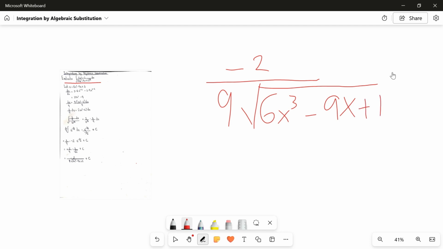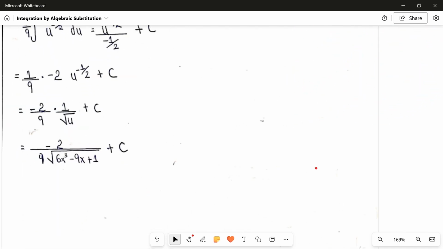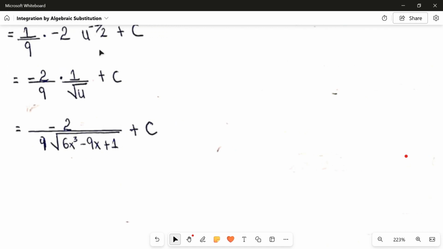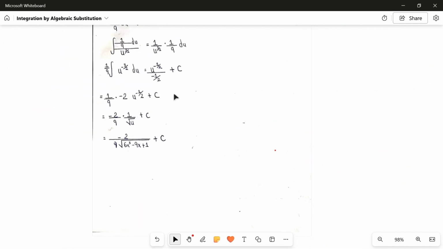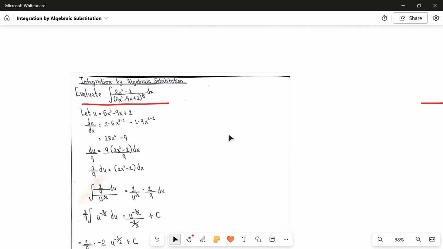And then plus c. And when you look at our answer, that should be it, right? So yes, negative 2 over 9 multiplied by the square root of 6x cubed minus 9x plus 1 plus c. So that is an example of a question solved by integration by algebraic substitution.